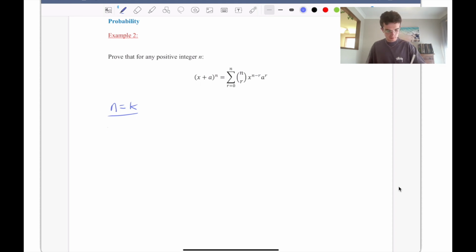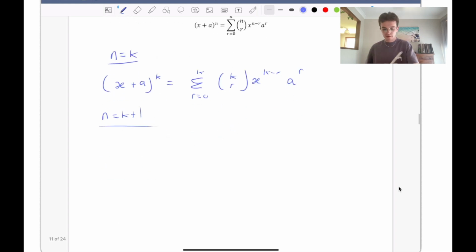that (x plus a) to the k is equal to the sum from r is 0 to k of k choose r times x to the k minus r times a to the r. And we're now going to prove that it's true for n is k plus 1.